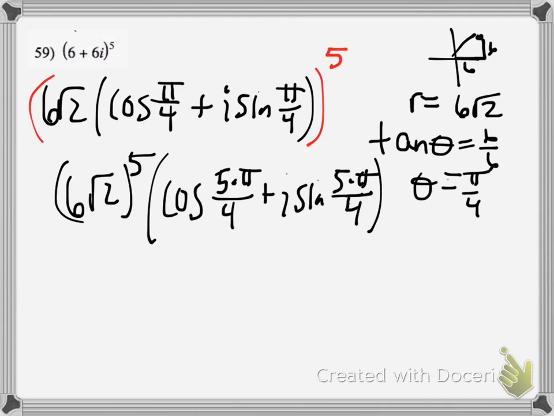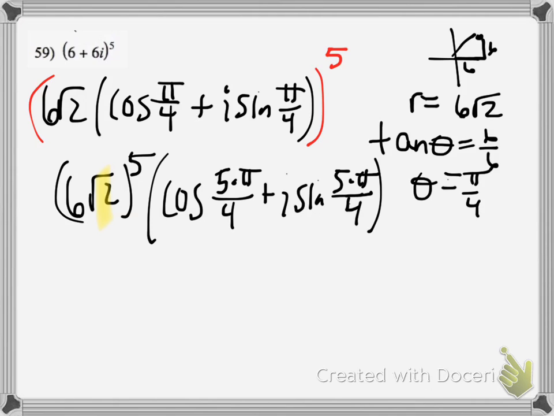So 6 to the fifth power is some crazy big number. It is 7776. And then you're going to raise your radical 2 up to the fourth power. We'll just do one of them.